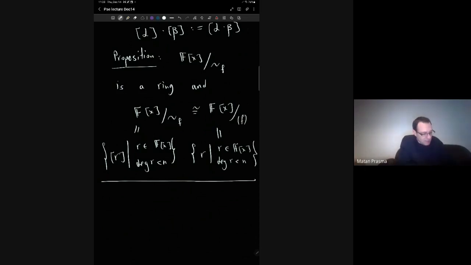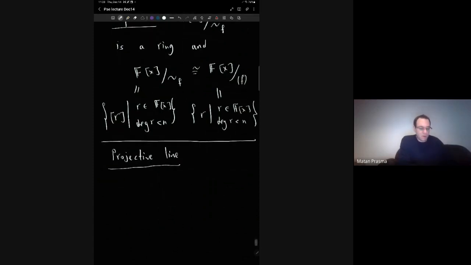This is another way of using equivalence relations. And this is called the projective line. Consider the punctured plane.